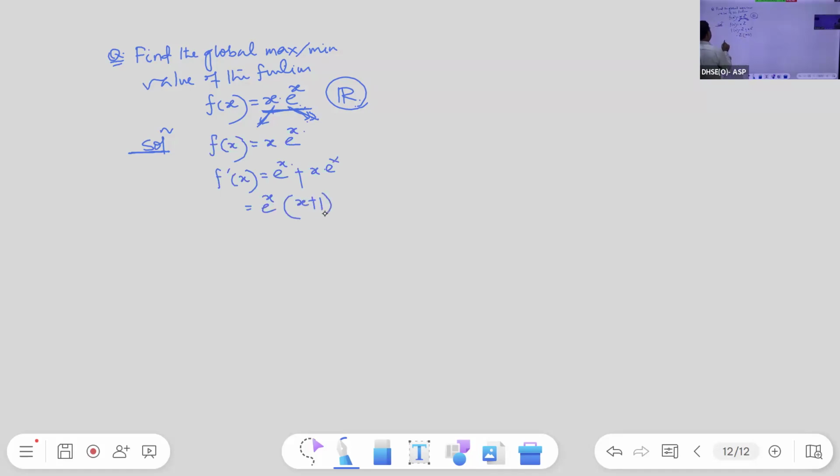So f dash x is equal to 0 gives e power x into (x plus 1) equals 0. e power x can never be equal to 0, it is always a positive quantity. So x plus 1 is equal to 0, which implies x is equal to minus 1.